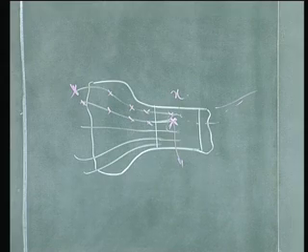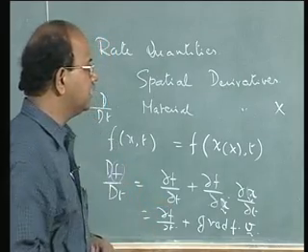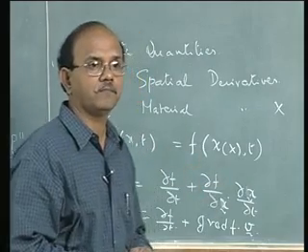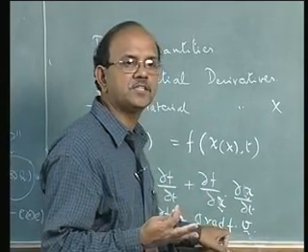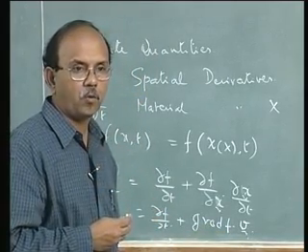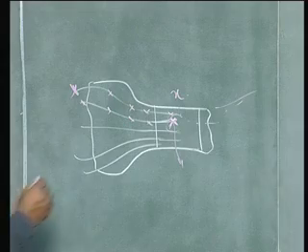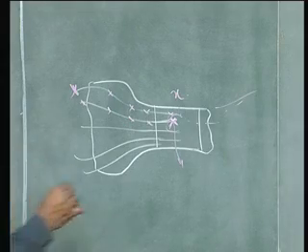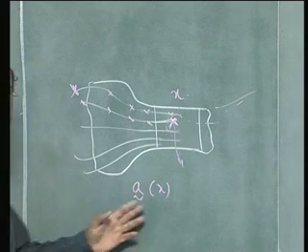Now this is okay for a field f, but what happens if it's a vector field? Note that grad f makes this tensor jump one order. So what happens if this f happens to be some vector function A of x comma t?